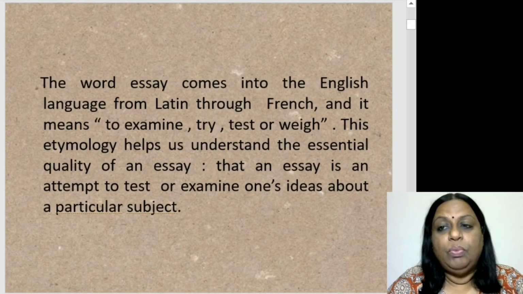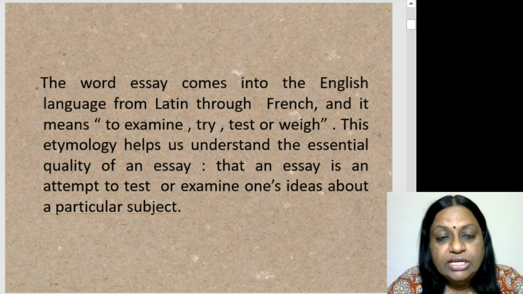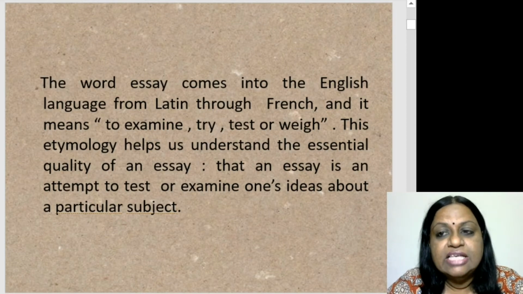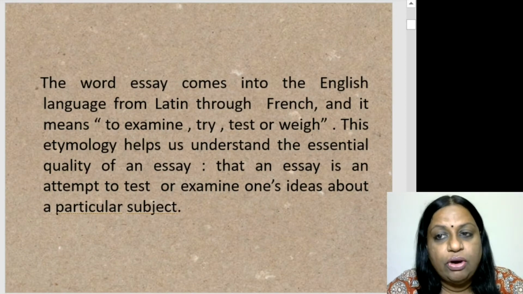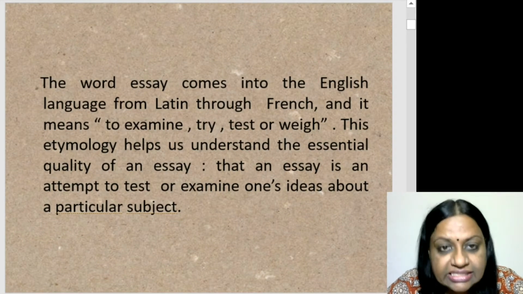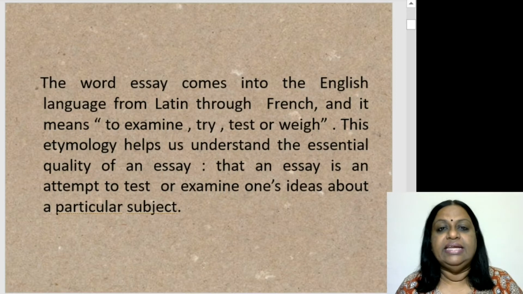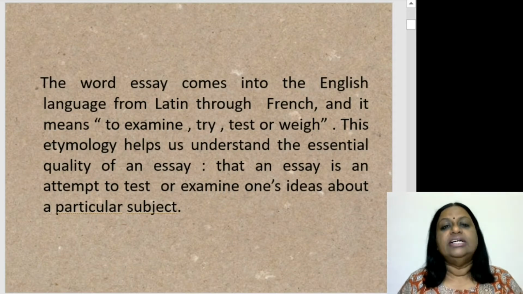All right. The word essay comes into English from Latin through French, and it means to examine, try, test or weigh. This etymology will help us to understand the most essential quality of an essay. That is, an essay is an attempt to test or examine one's idea about a particular subject.